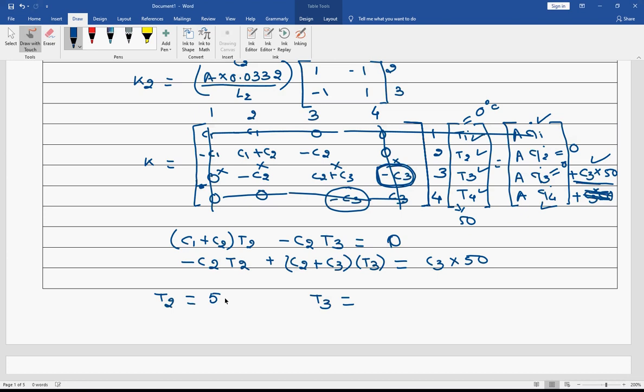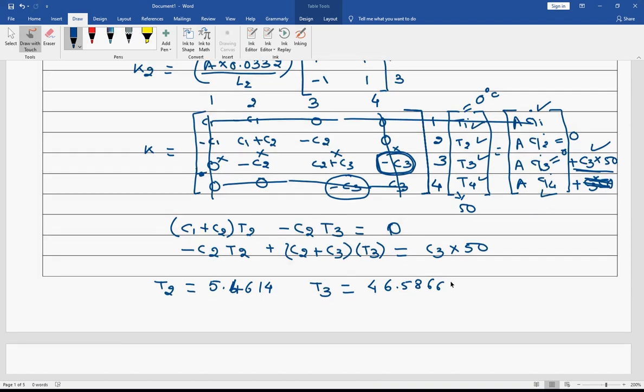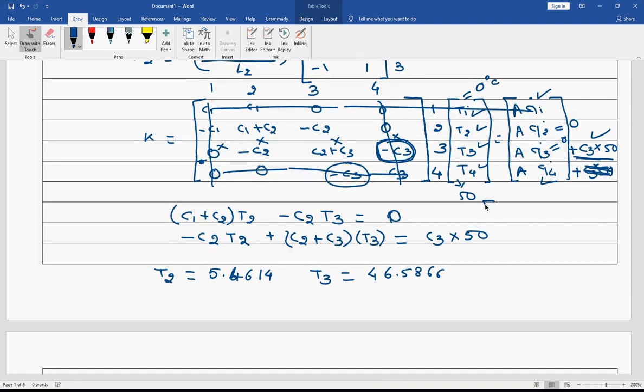So T2 I am getting as 5.4614 and T3 to be 46.5866. Okay, so now it's time to find the reaction. I will just use this portion so I don't have to scroll down.